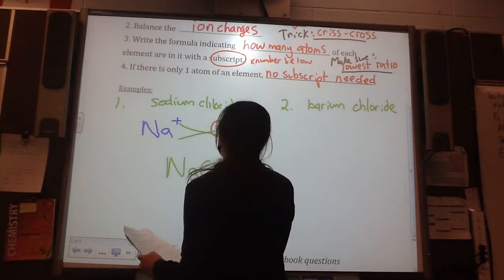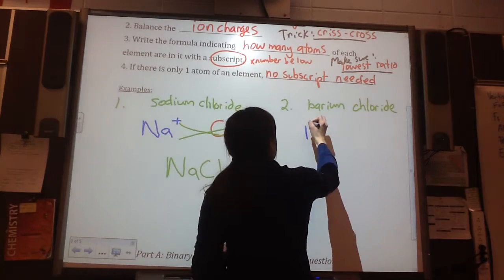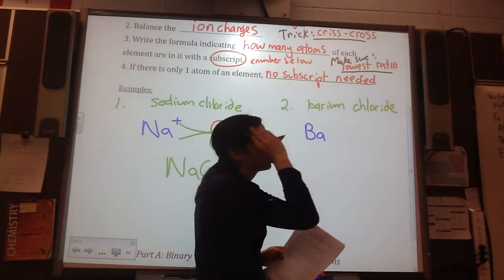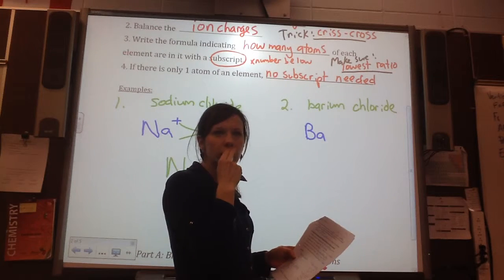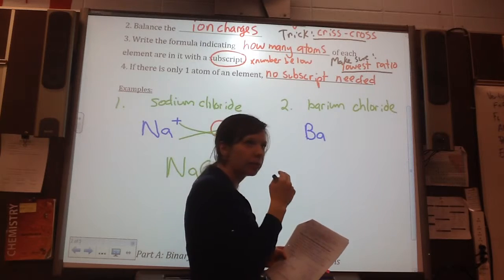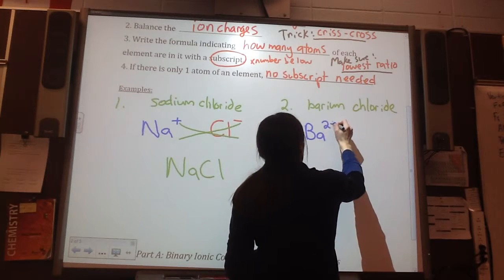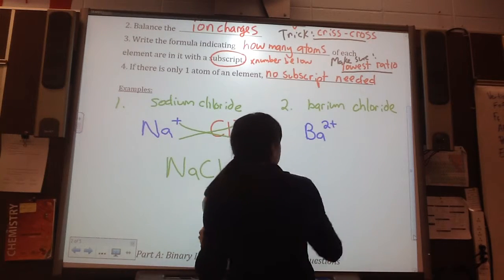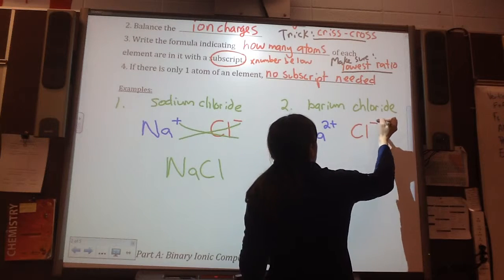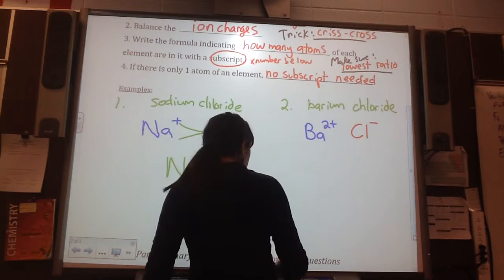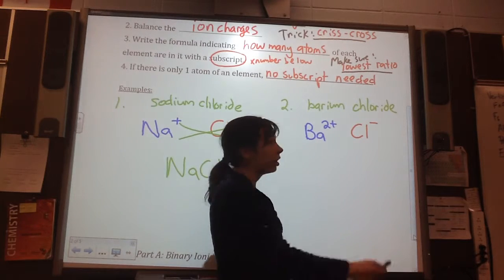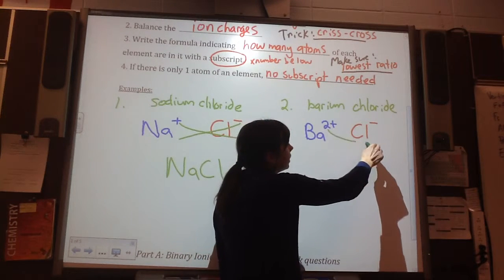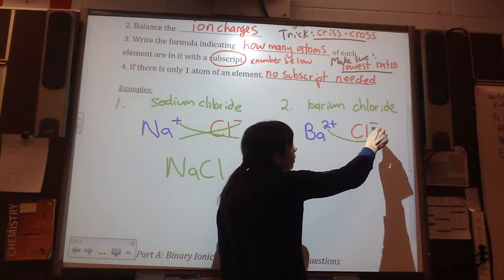So let's draw barium. So Ba, and what's its charge? You can look on your periodic table. It's Ba2+. Cl is 1-. Now you criss-cross. So this 2 goes there, and this 1 goes there.